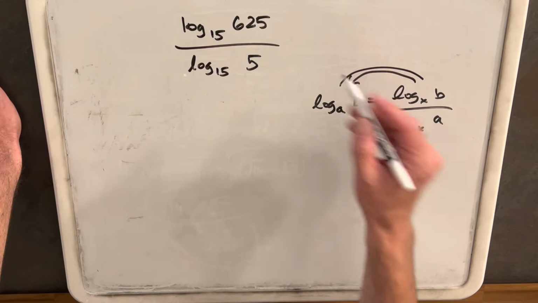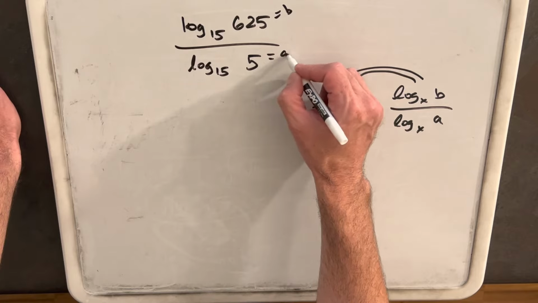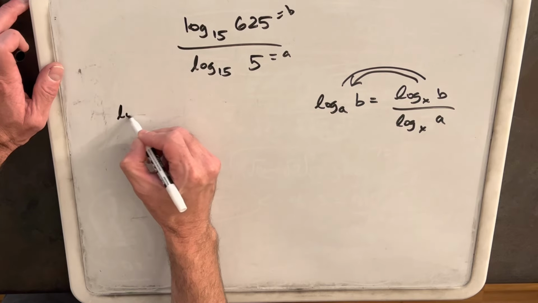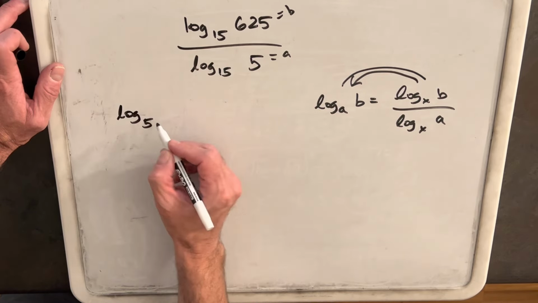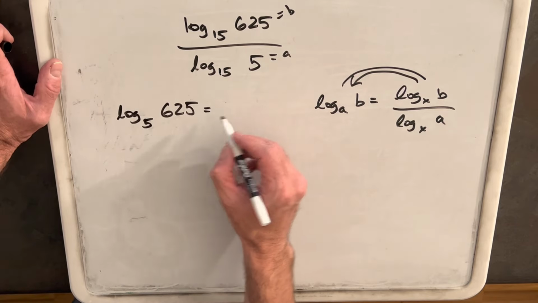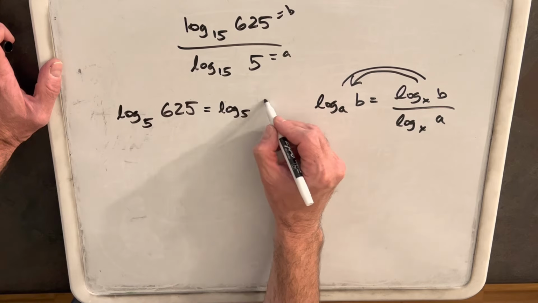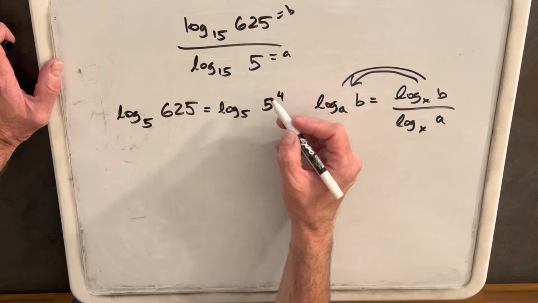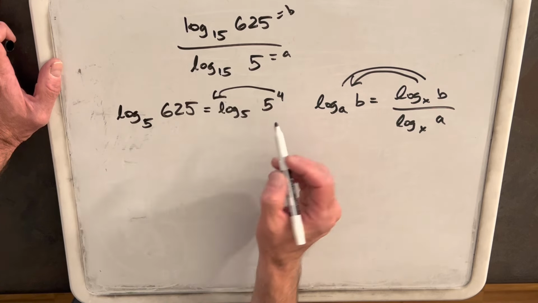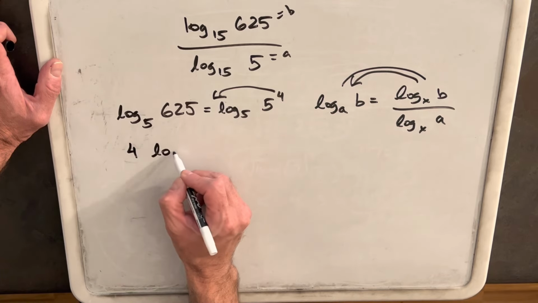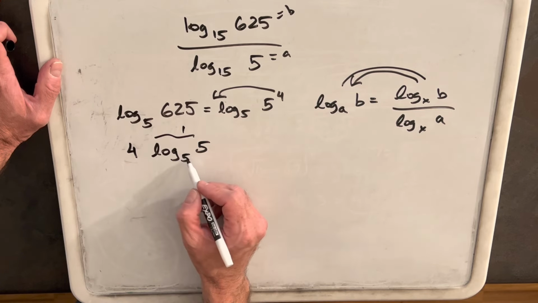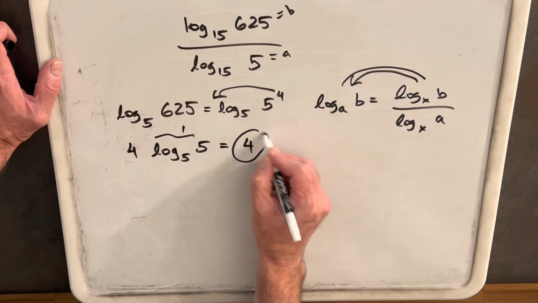So in this case, this will be our B and this will be our A. And then this whole thing can be rewritten as log base A, which is 625, but 625 can be rewritten as 5 to the 4th, but by this property of indices we can bring that to the front, and we have 4 log base 5 of 5. This piece is just 1, and so we're left with an answer of 4.